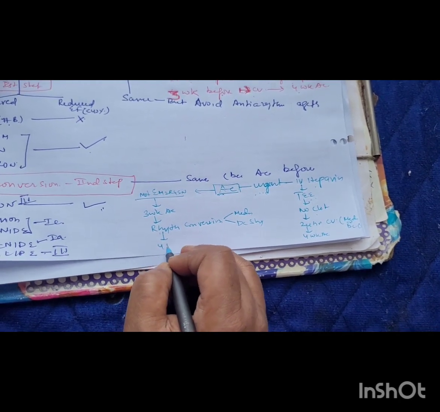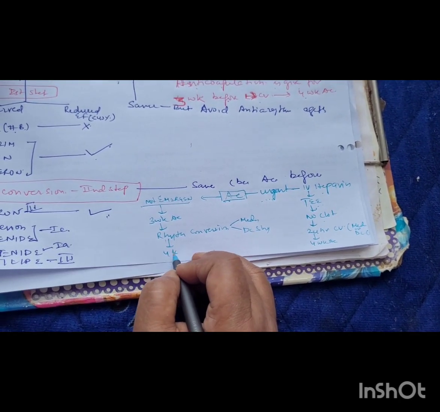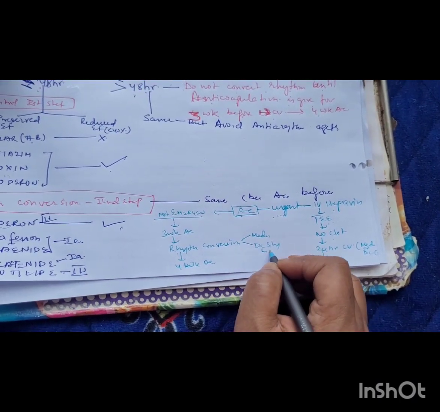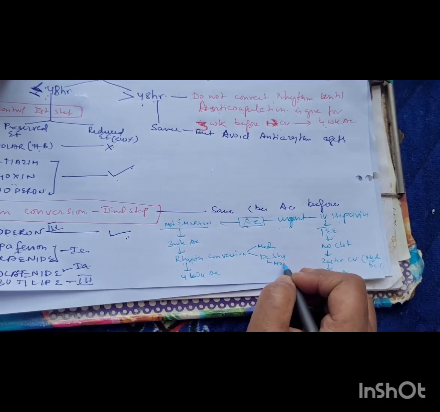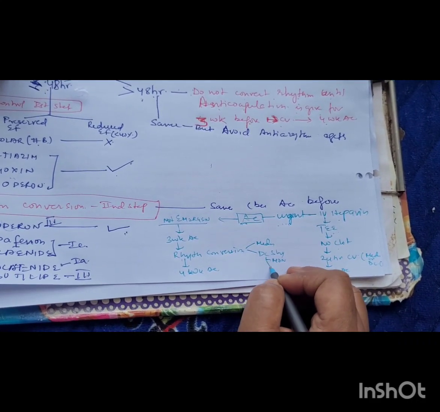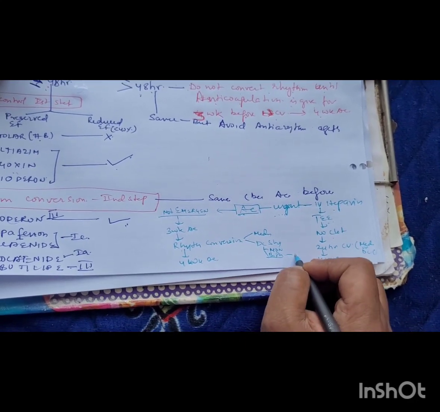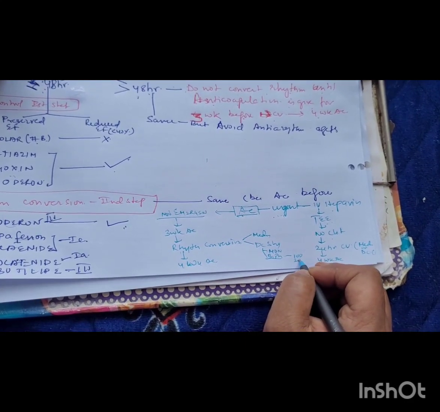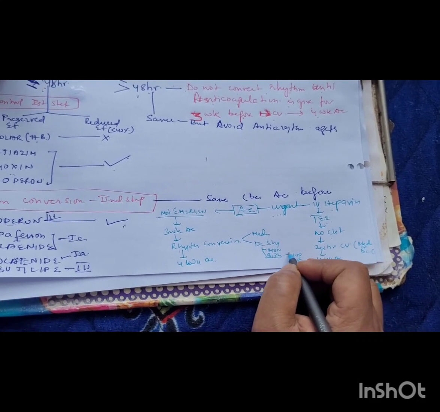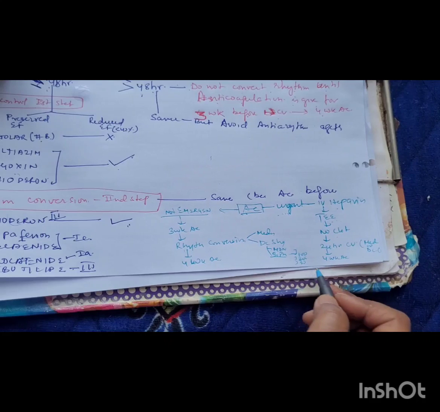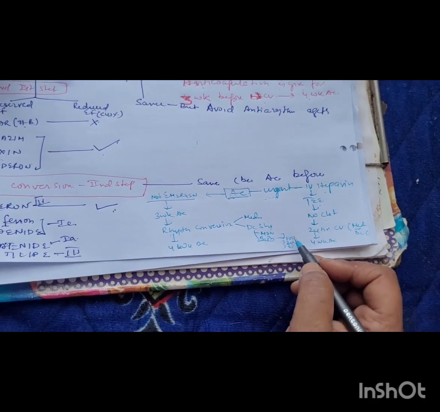Then again 4 weeks you have to continue the anticoagulant. For DC shock, monophasic or biphasic, nowadays biphasic is done, 100, 200, 300. Start with the lowest dose and accordingly you can go further.